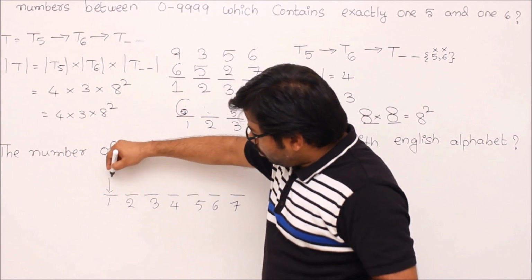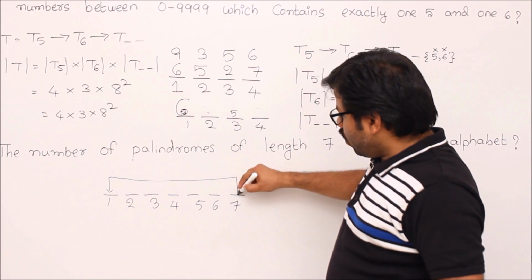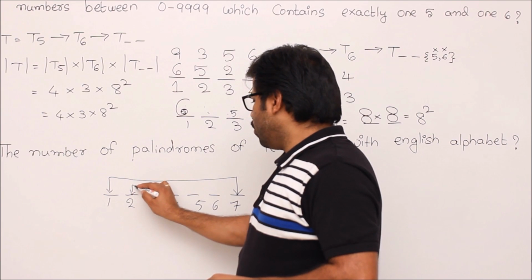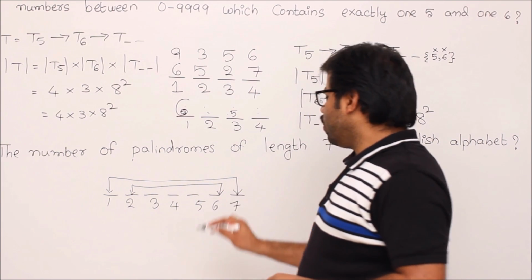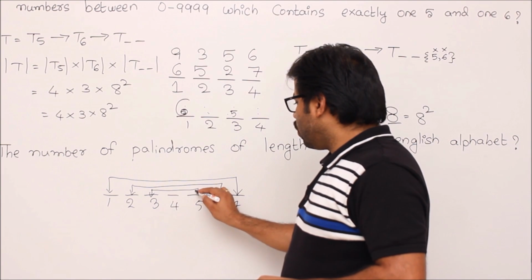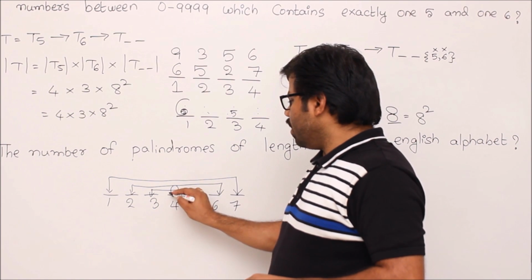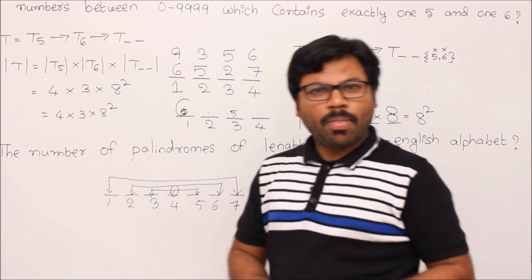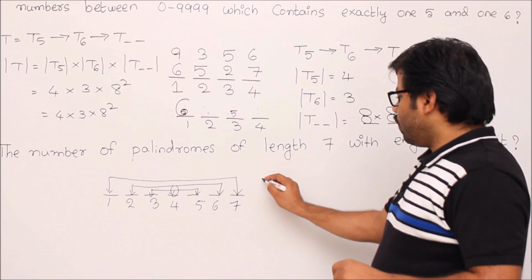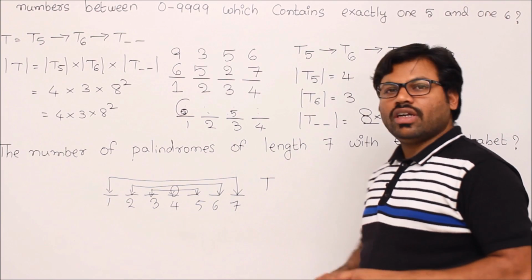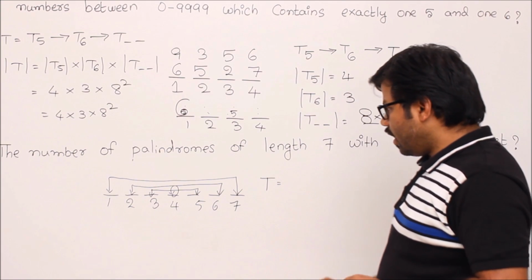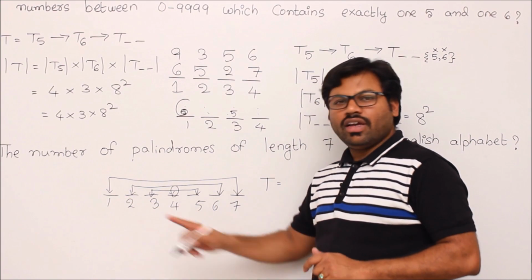The value at position number 1 will be equal to the value at position number 7. Similarly, the value at position number 2 should be equal to the value at position 6. Position 3 should be equal to position 5, and position 4 is independent. Isn't it so? Now, easily I can find the total number of palindromes by this method. I realize that finally I have to fill every position.